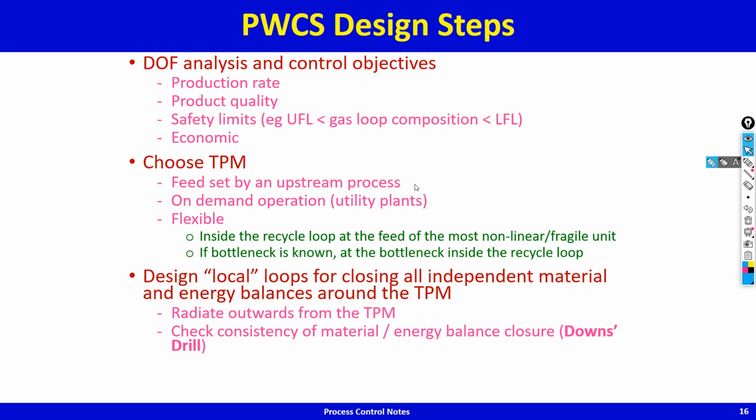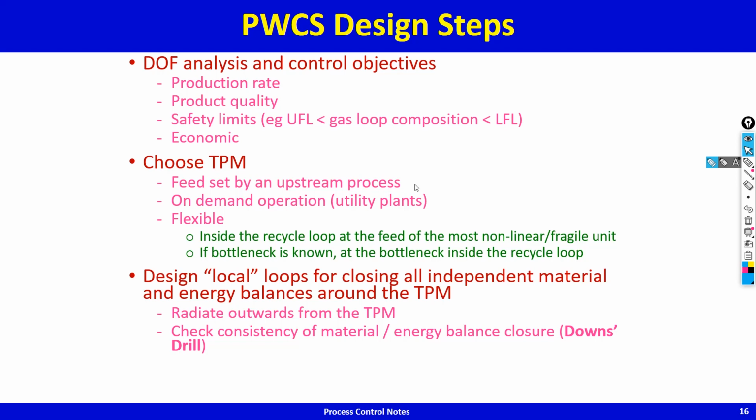Once the throughput manipulator has been put in there, then what you do is you design the inventory control system radiating outwards from the throughput manipulator, and these inventory control loops close all the independent material and energy balances around the throughput manipulator. And once you have synthesized the control structure, particularly check for the closure of overall material balance, check for these slow drifting modes that can be there, subtle drifting modes, and if they are there, identify them, close them.